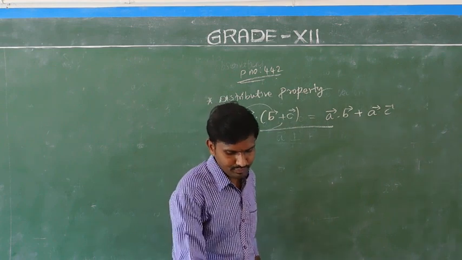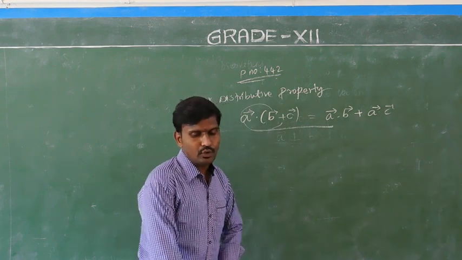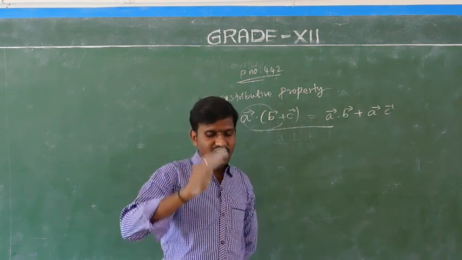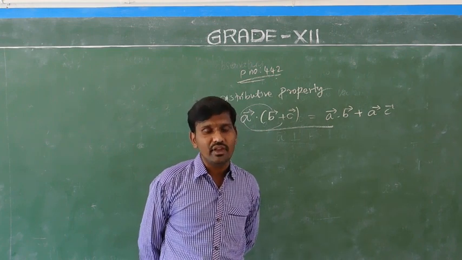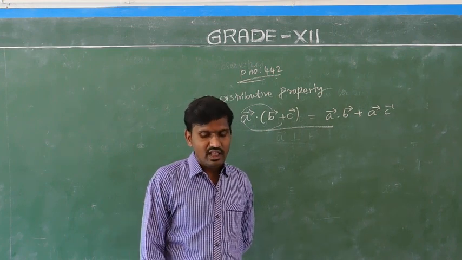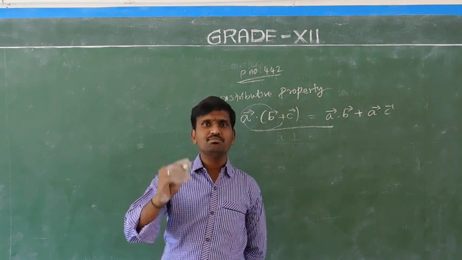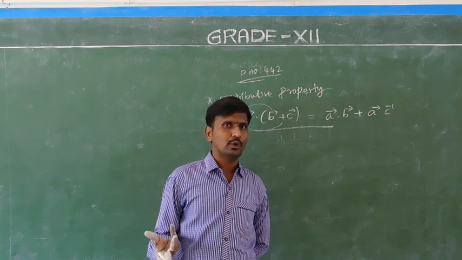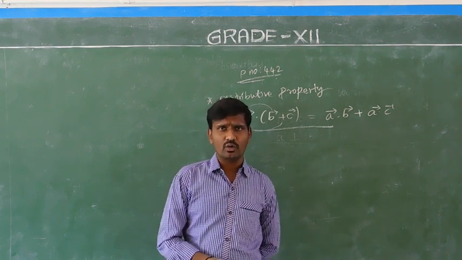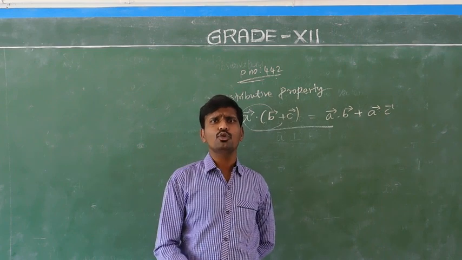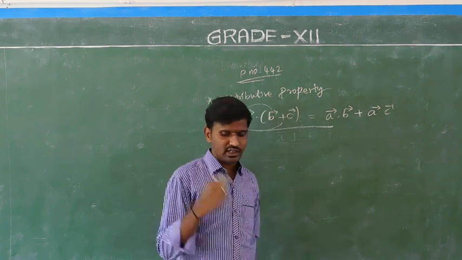Then the next, property 2: let A vector and B vector be any two vectors, and lambda be a scalar. We take lambda as the scalar. Why, sir, do we take only lambda? Always take mu or k as a constant, anywhere, no problem.